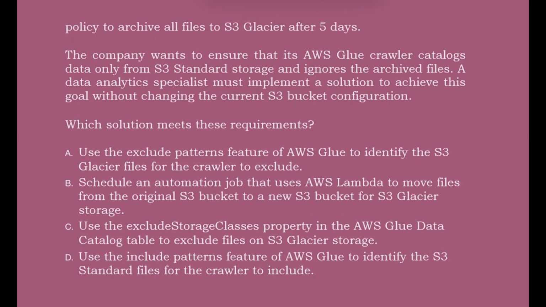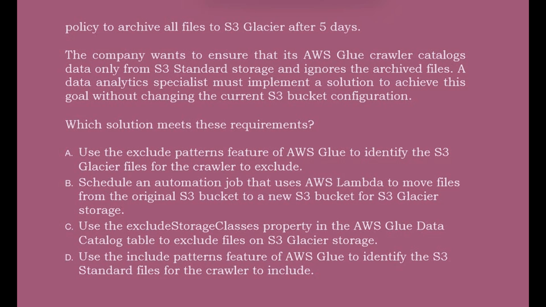The company wants to ensure that its AWS Glue crawler catalogs data only from S3 standard storage and ignores the archived files. A data analytics specialist must implement a solution to achieve this goal without changing the current S3 bucket configuration. Which solution meets these requirements?